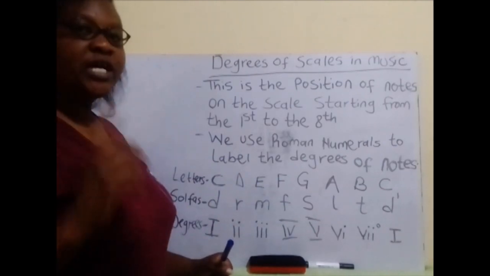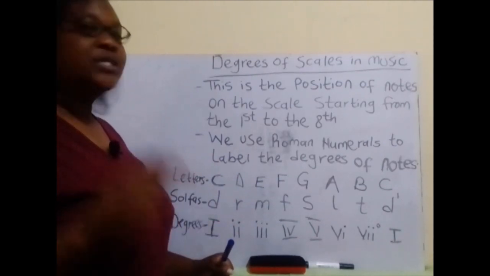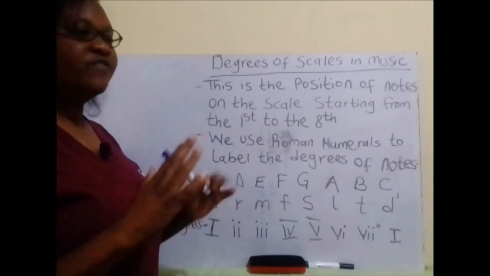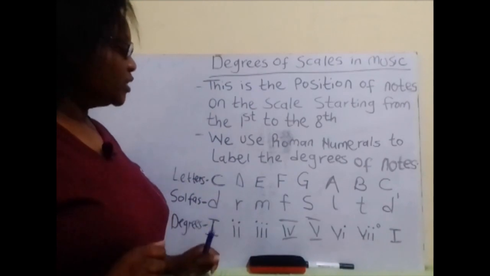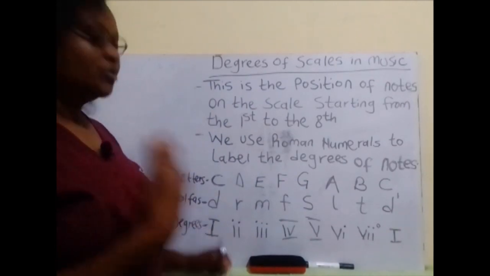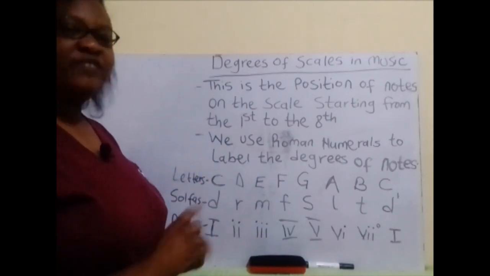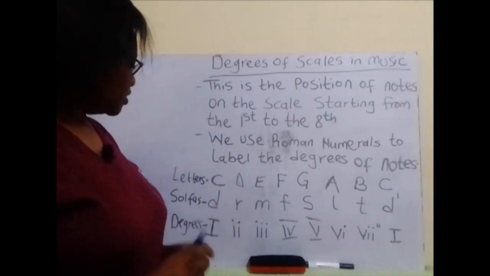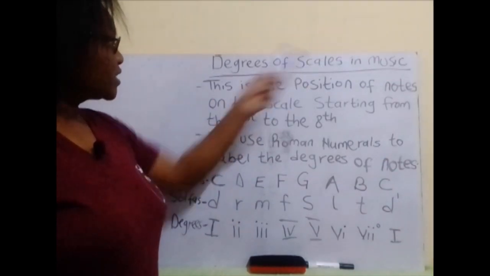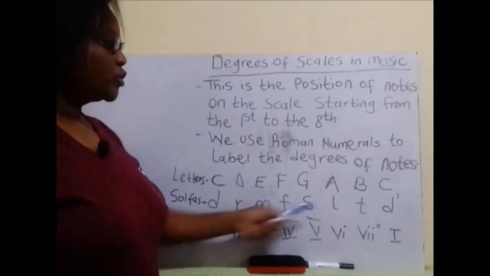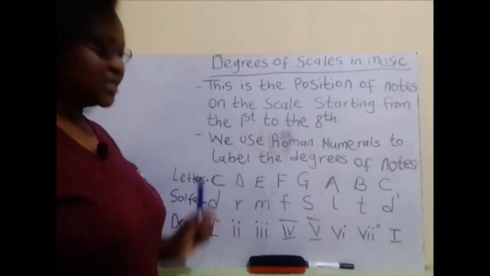I don't want to touch that right now because that unit is very big. It's a big unit that we are going to continue learning. It's very wide. So, just note that degrees of scales are positions of notes or letters in a scale.